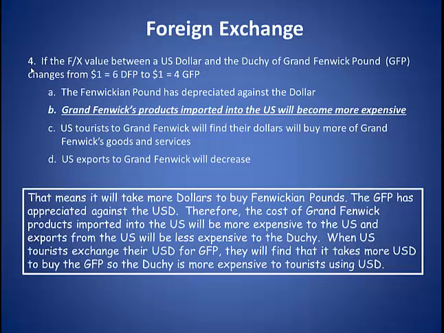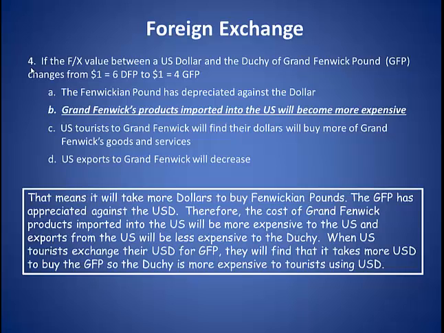Okay, number 4. If the foreign exchange value between the U.S. dollar and the Duchy of Grand Fenwick pound, the GFP, changes from 1 to 6 to 1 to 4, that would be B. Grand Fenwick's products imported into the U.S. will become more expensive.